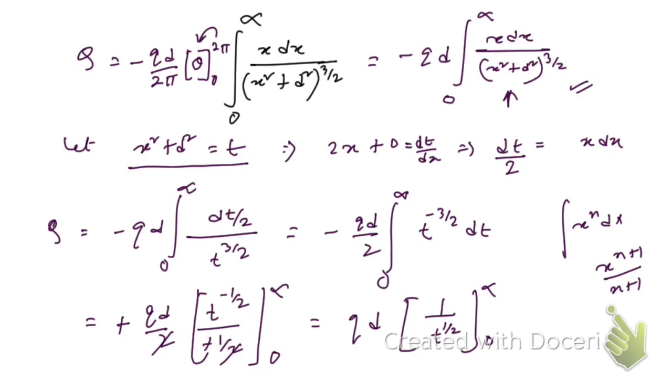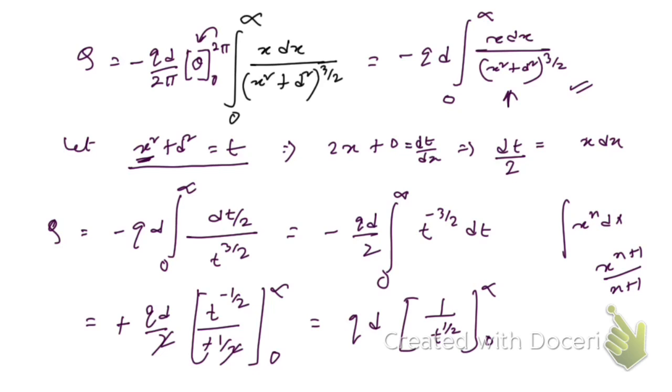And let me do one thing before we put the limits. Here you see we have to change the limit as well, not only this. When x tends to 0, when x becomes 0, t tends to d square, right? So we have to change the limits here.